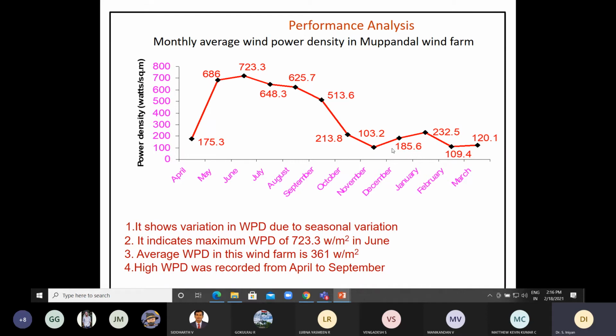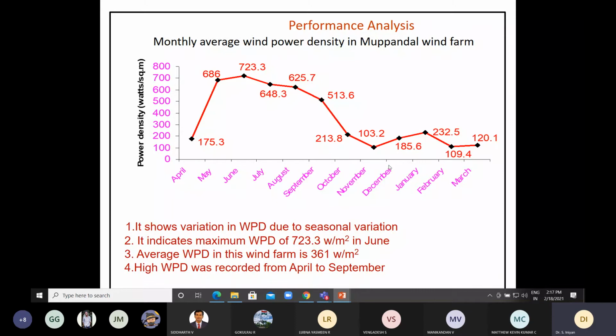A high wind power density was recorded from the month of April to September. Apart from April, in May, June, July, August and September the average wind power density comes above 500 watt per square meter, right? So the highest wind power density occurs from May to September.